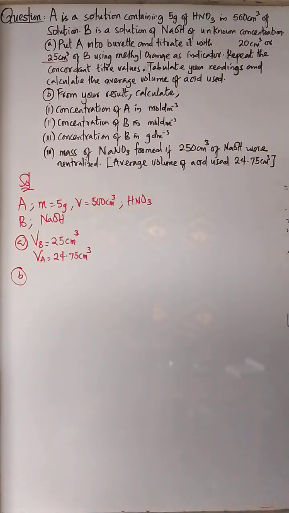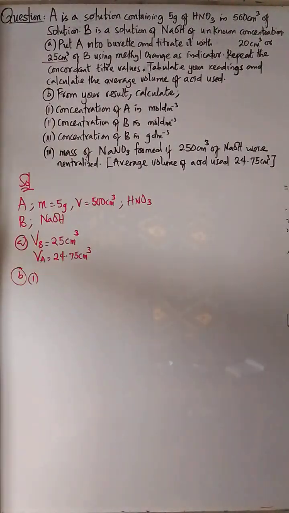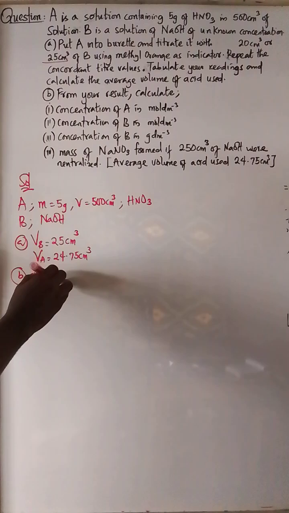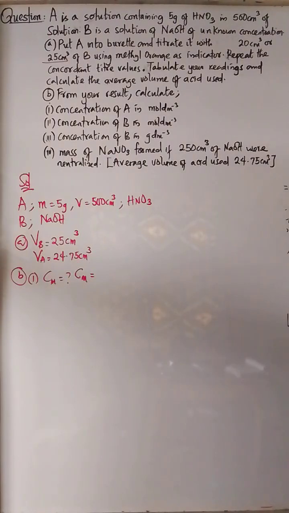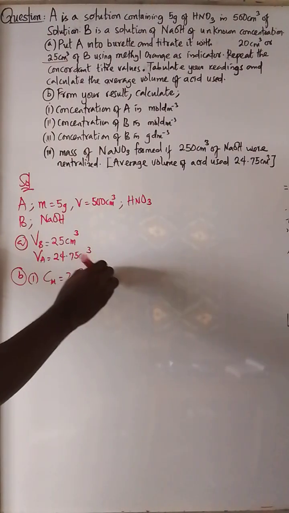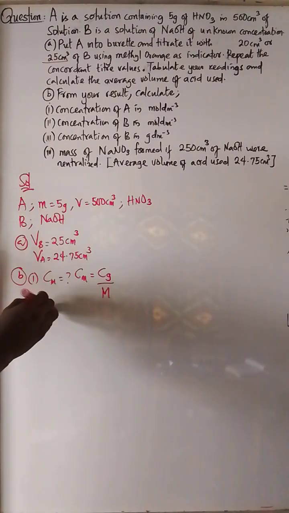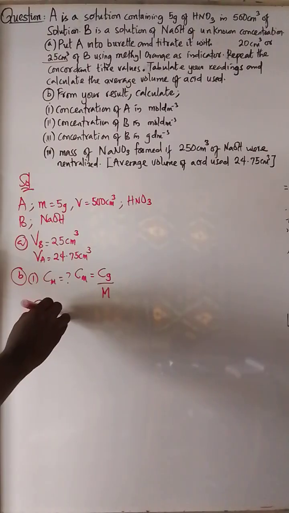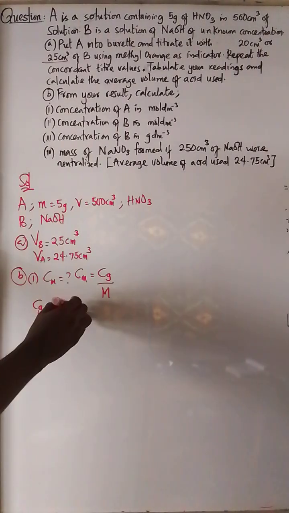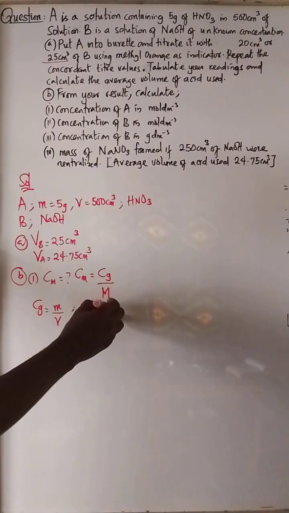The B part. From your results, calculate the concentration of A in mole per dm3. That's the molar concentration of A. Recall during the lecture, molar concentration equals mass concentration over molar mass. We can easily get the mass concentration because mass concentration is the mass over volume. The mass is 5 grams.